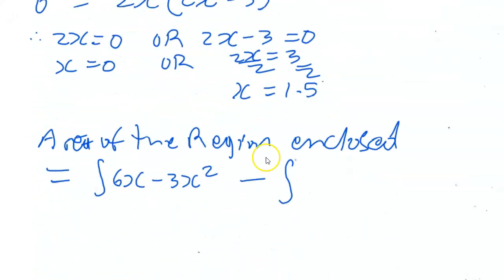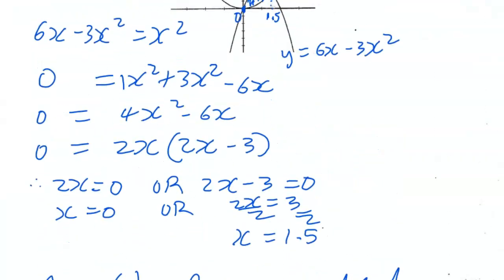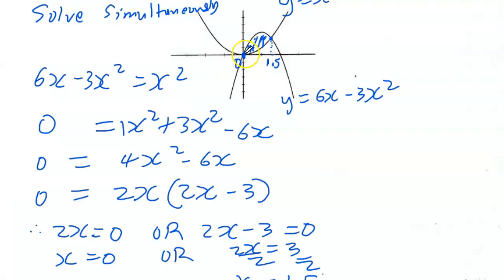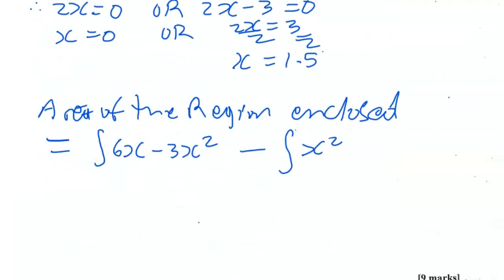Remember, integration gives you area. And the x limits are the same for both of them, from 0 to 1.5, or 3 over 2, same as 1.5.